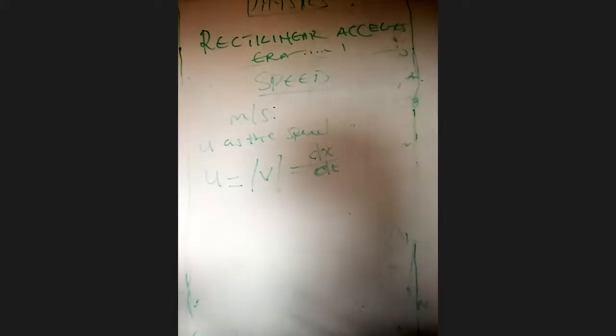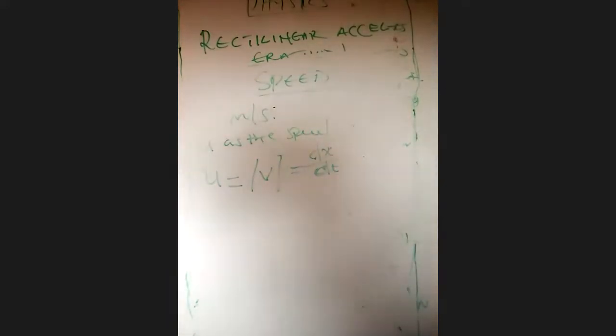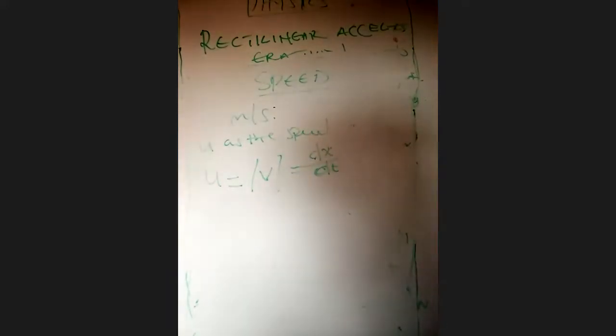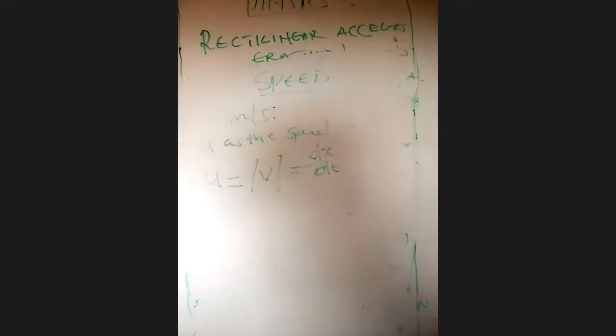Remember where we started from. We started from average velocity, where we said that average velocity, V_av, is equal to displacement over time, that is S2 minus S1 over T2 minus T1, where T1 is the time at which the object was at position S1, and T2 is the time at which the object was at position S2.